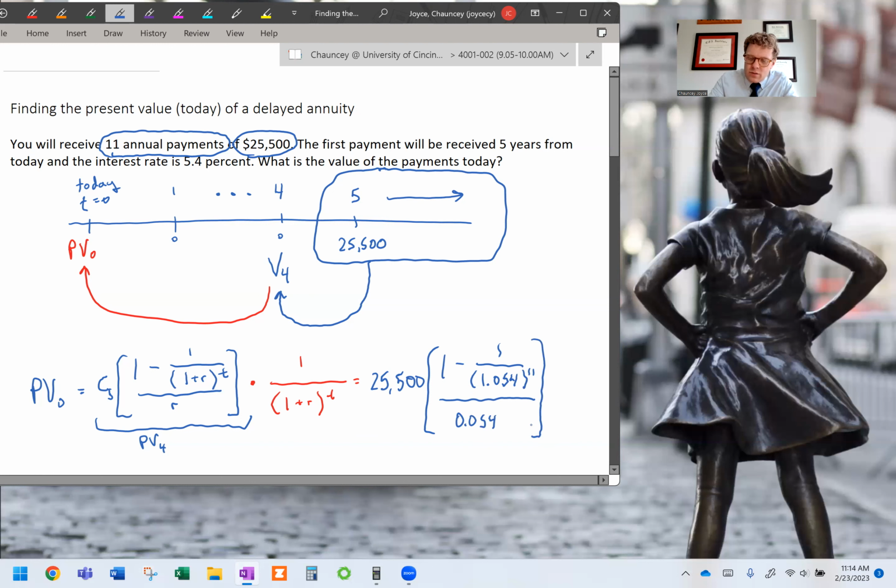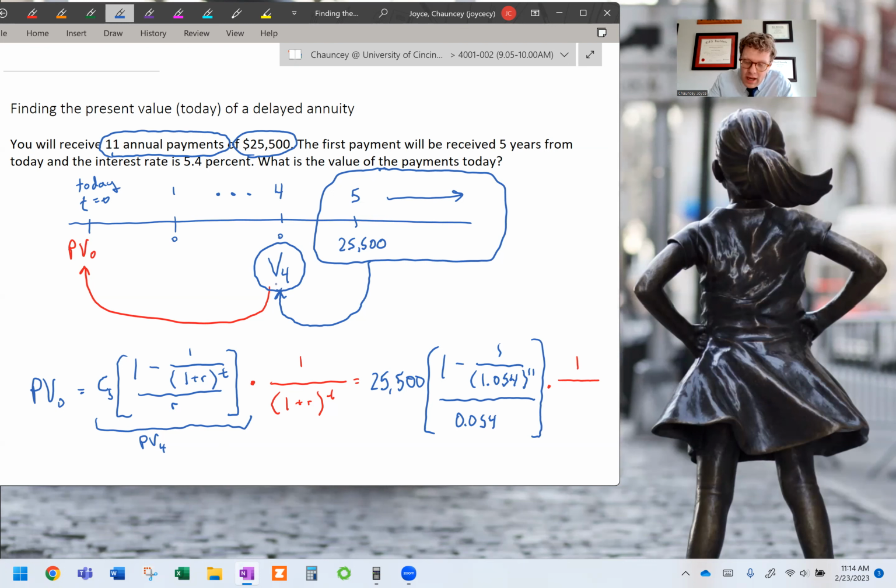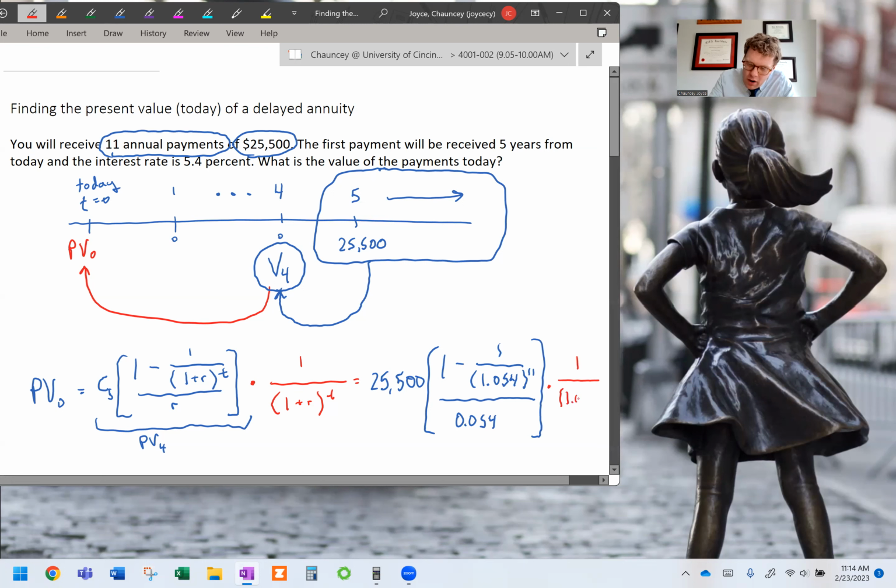And then this we treat as a single cash flow and need to discount 4 periods. That's the key issue. When you use the ordinary annuity, it tells you the value of the cash flow at the beginning of the period, which is 1 period essentially before the cash flow starts. So then we discount this at 1.054 to the 4th.